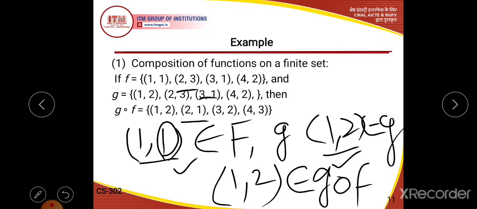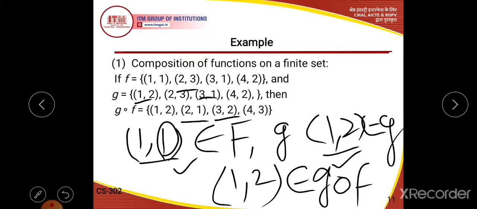(3,1) belongs to F. Now you have to choose an ordered pair in G whose first coordinate is 1. So we get (1,2) in G, and we get (3,2). At last, (4,2) belongs to F. Now we have to choose the ordered pair in G whose first coordinate is 2.